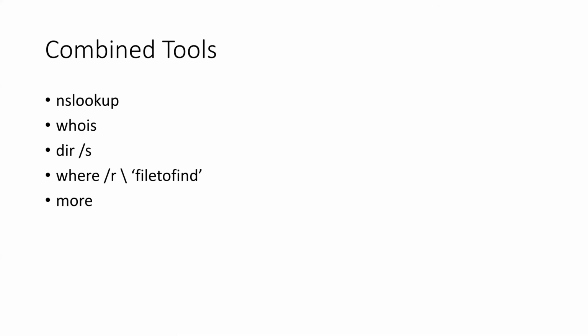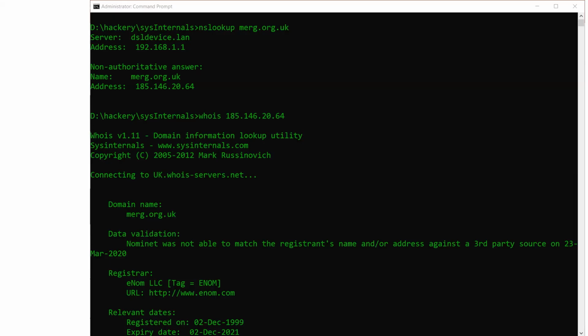There's a couple of other tools you should also know about. If you're using netstat, then you've got these things available as well. NSLOOKUP will look up the name server. Here's an IP address. Who is that? And you can look it up. Whois does the opposite. You can say, here's the name. What's their IP address? There we go.